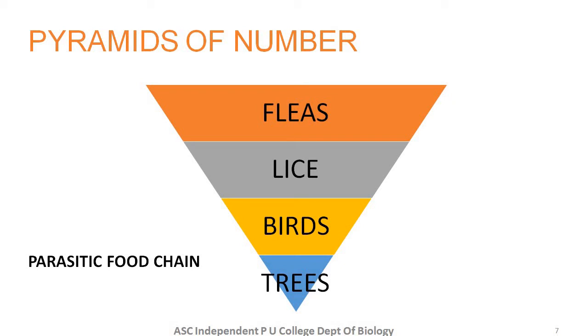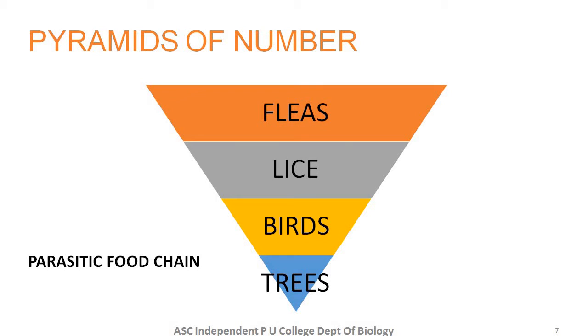Now this pyramid of number is inverted because the producers are less in number. You have only one tree, and in one tree you will have numerous birds, right? So the number of birds is more when compared to the number of trees. Moving on to the higher trophic level, when compared to the birds, the number of lice is more.